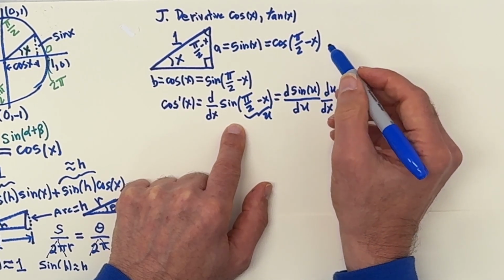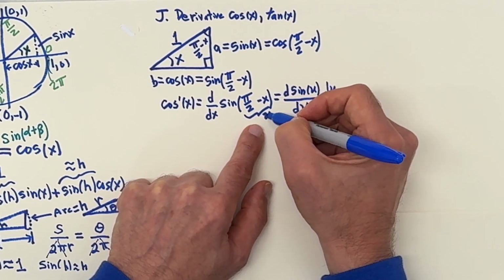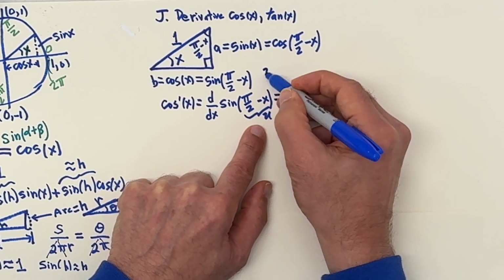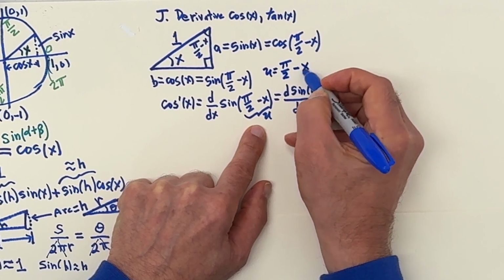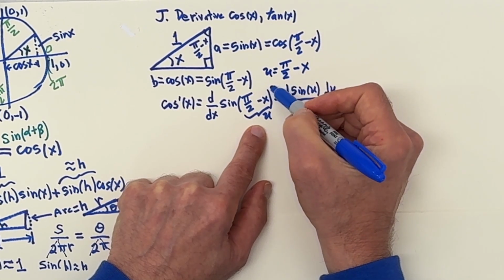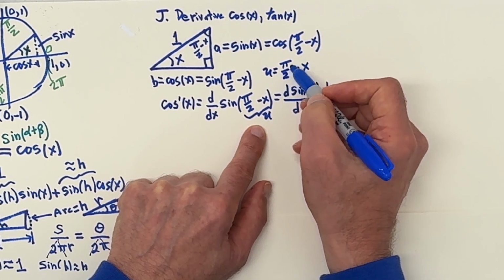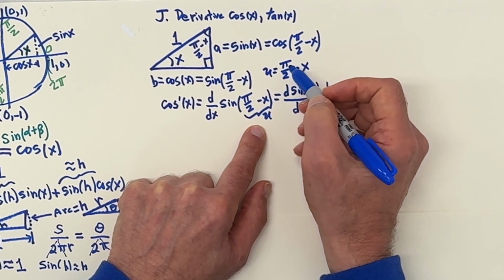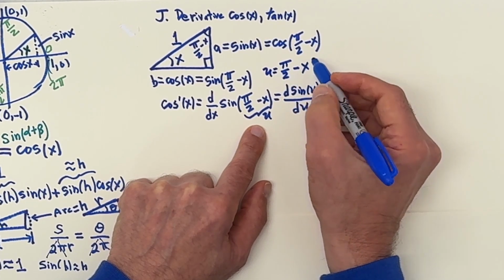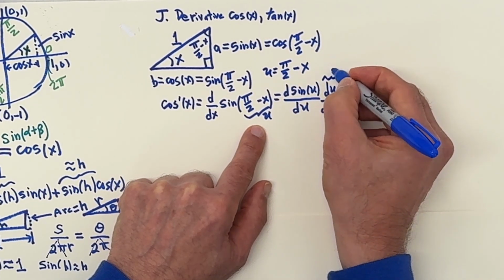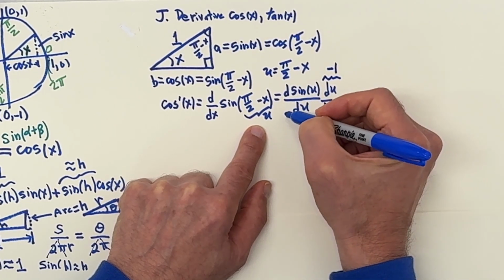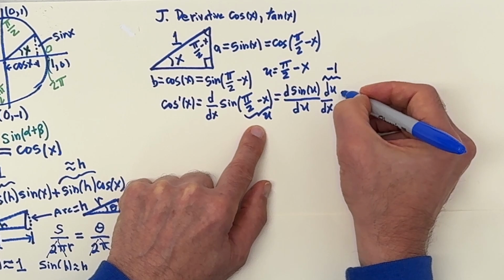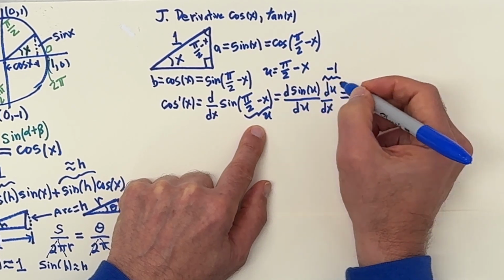Now, du dx is very easy. Look at this. u is pi over 2 minus x, so du dx equals, well, that's a constant, so that would give you 0 on the derivative, and that's just going to simply be a minus 1. So this is going to be a minus 1, and the derivative of the sine with respect to u, we already figured that out. That's the cosine of u.